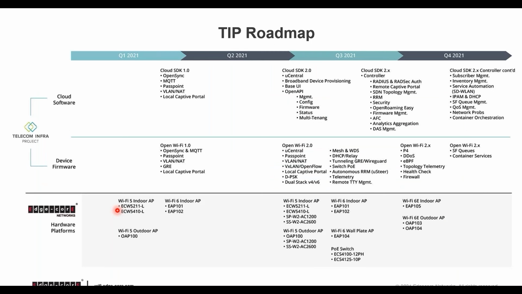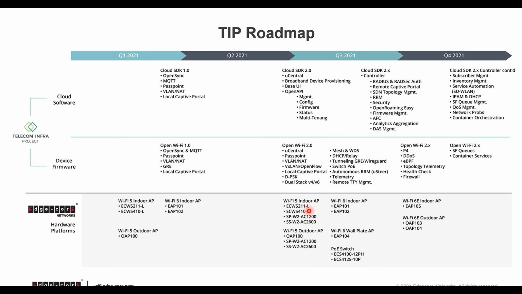Okay, the last one is the roadmap. Here is the cloud software. You can see the cloud SDK 1.0, 2.0, and the following features enhanced for the cloud SDK. And for the device firmware, also OpenWiFi 1.0, 2.0. Actually, for the whole of Edgecore, all wireless access points, we do support the OpenWiFi 2.0 version now.